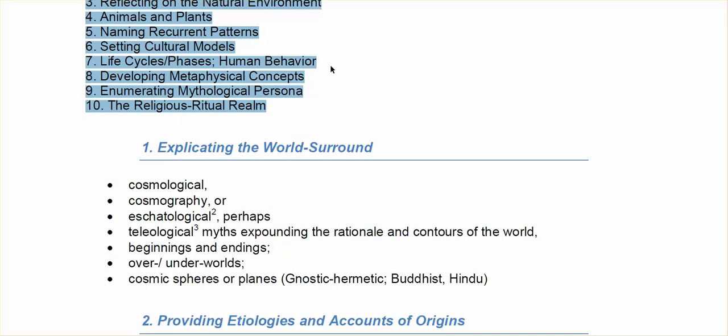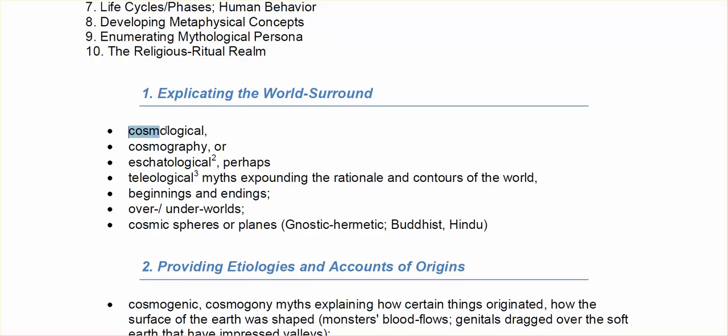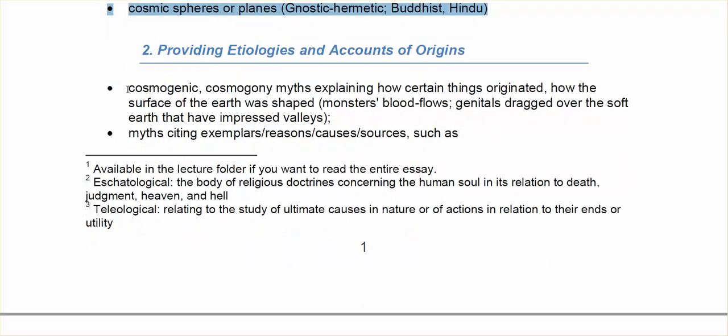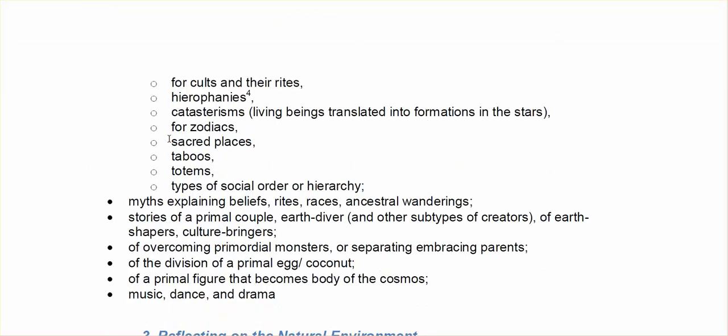Under each one of these categories, Doty has provided a list of things that might appear in that category. So in the category that provides accounts of origins, there might be cosmogonic myths, there might be myths talking about causes and sources for cults, there might be talking about zodiacs or taboos or social order.